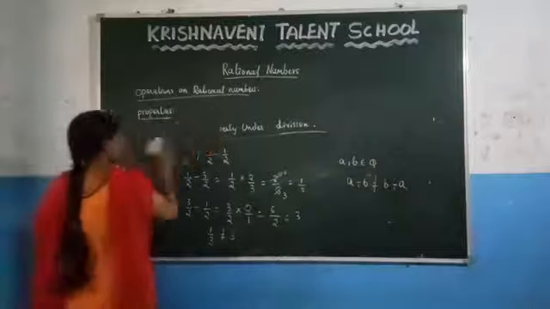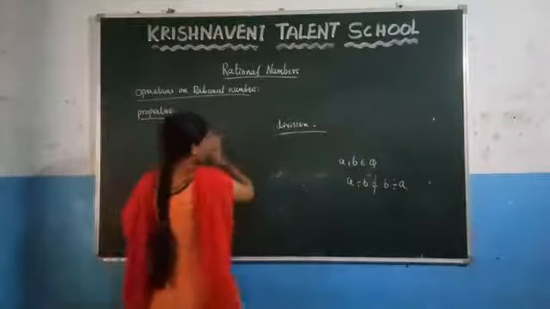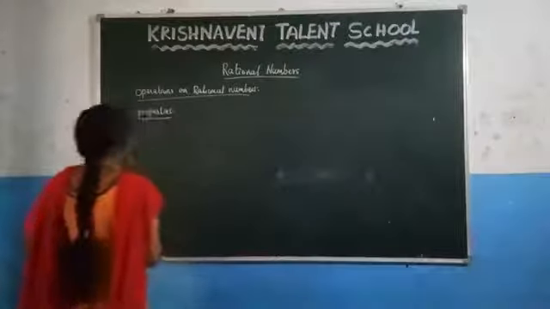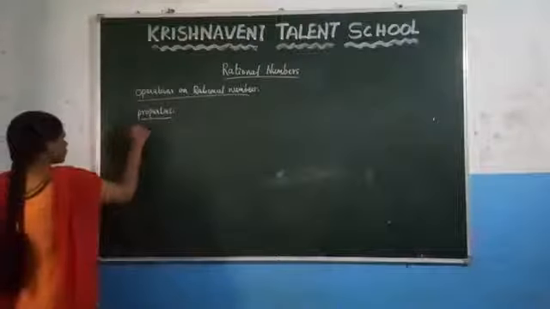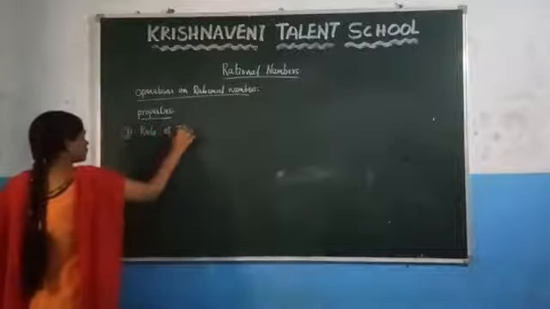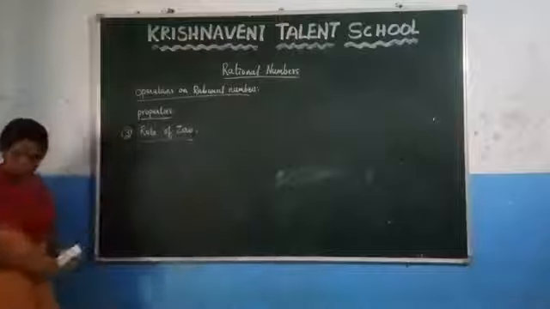Now the next property is role of 0. What does this property say?